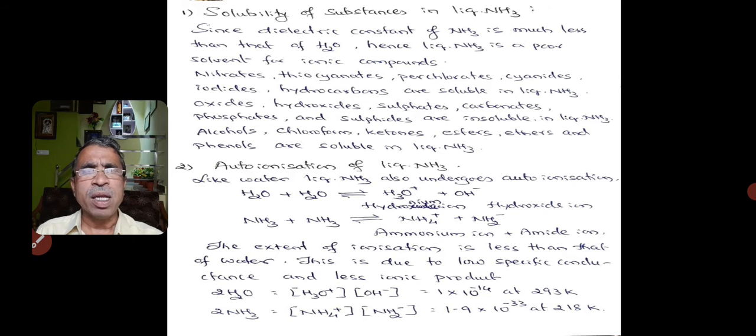Whereas the ionic product of liquid ammonia is 1.9 into 10 raised to minus 33 at 218 Kelvin, which is much less than that of water.